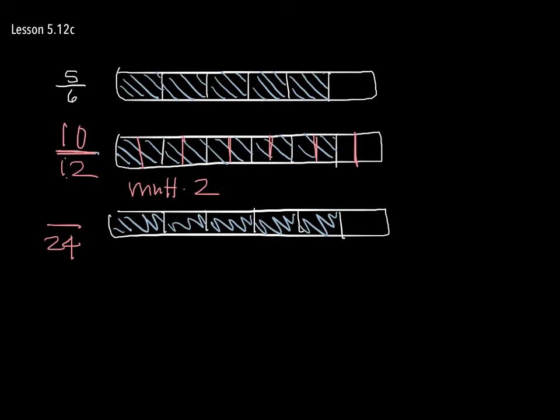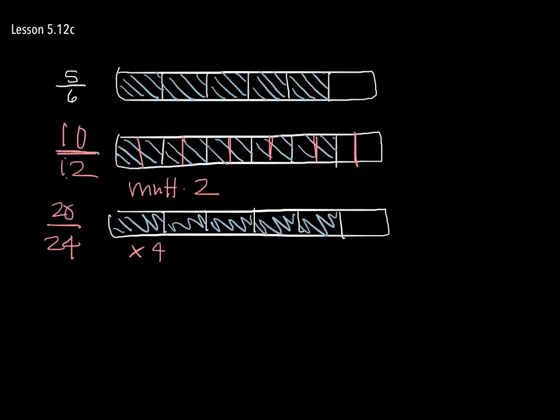Now I want you to think, what did I do to 6 to get to 24? And whatever I did to 6 to get to 24, I'm going to do to the top. Well, 6 times 4 is 24, so 5 times 4 is 20. So my multiplier is 4, so I have to split each one of these into 4 parts.